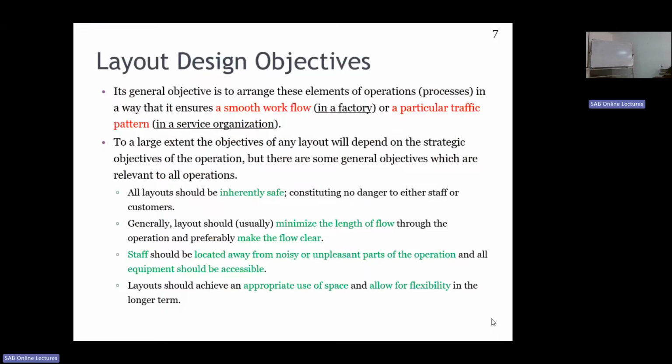Say, for example, factories like garment factories, the majority of their workers are female, right? So females use washrooms more than males. That's common, so they should be aware of that.